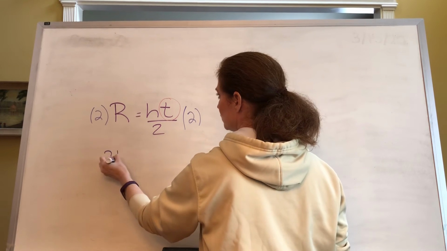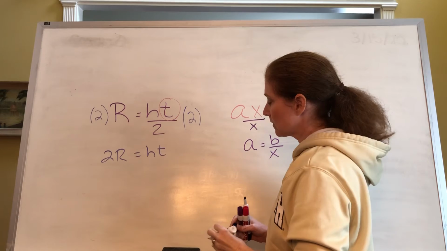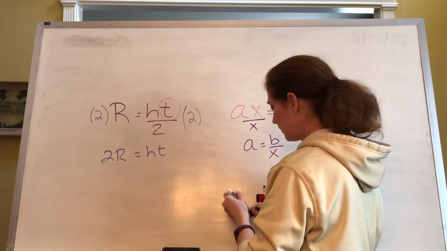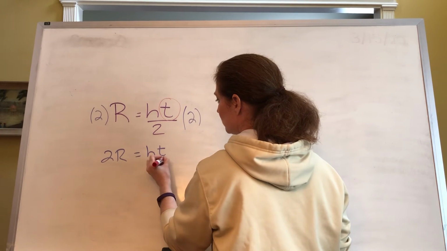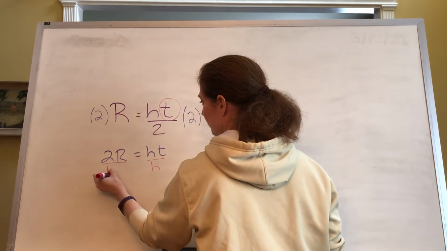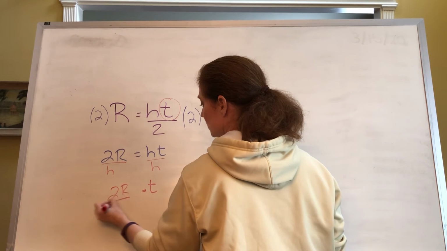So I have 2R equals HT. And now I need T by itself. So I'm going to divide both sides by H. And T is going to be 2R divided by H.